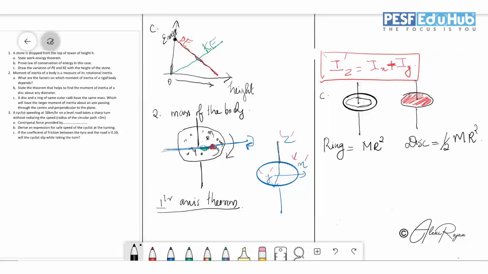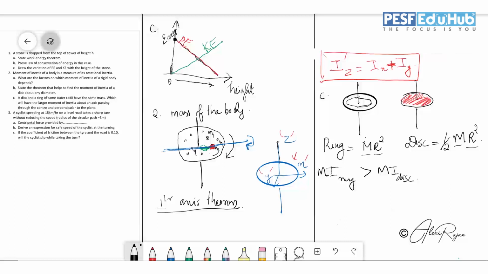And here it is clearly given that both have the same outer radii and the same mass, because mass is the same and radius is the same, so you'll get for the ring m r square, and for the disk half m r square. So you know which one will have more moment of inertia from the equation: the moment of inertia of a ring will be greater than the moment of inertia of a disk. So this is the thing. I hope that you understood this one.